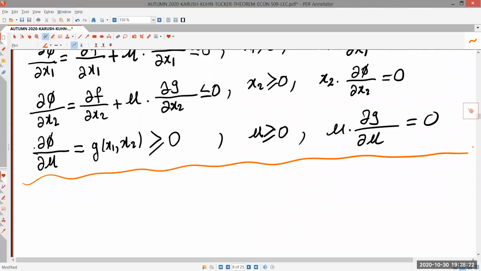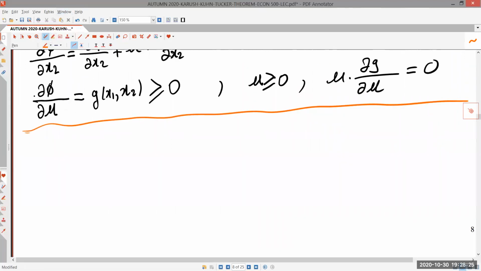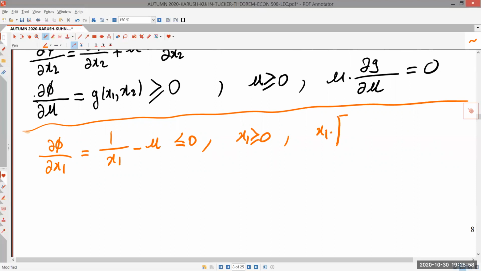We will try to find a point where these first order conditions are satisfied, but I would write them again by taking exact derivatives of those functions. Take the derivative with respect to x1, and you will find that it is equal to 1 over x1 minus mu. We require this to be less than or equal to 0, and x1 should be greater than or equal to 0. And x1 times the derivative, 1 over x1 minus mu, should be equal to 0.